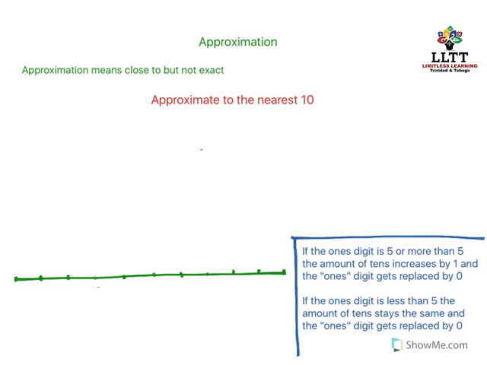We want to approximate the number 73 to the nearest 10. So that's 7 tens and 3 ones is our number 73. Again, we're going to look at our ones digit.